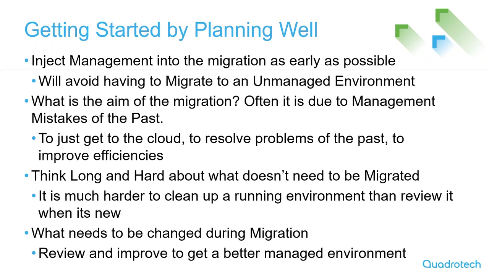So it's not sometimes just to get to the cloud. That's definitely one of the big pushes for the Office 365 environment, but one of the things you're doing is trying to resolve the problems of the past and to improve efficiencies. If this is what you really need to do, you need to think long and hard about that pre-existing environment and really think about what doesn't need to be migrated.